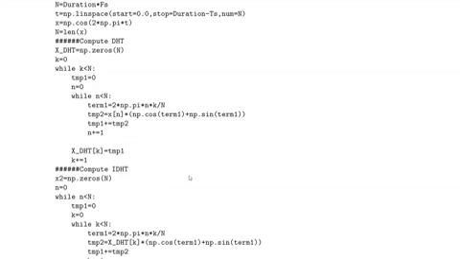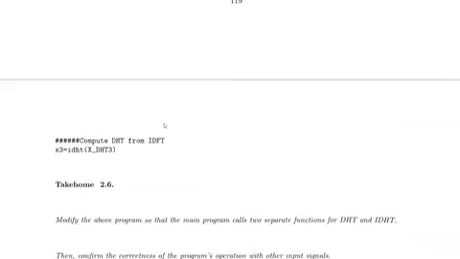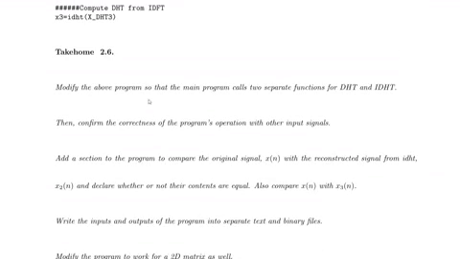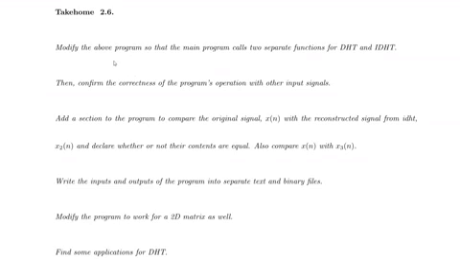Anyhow, you need to write and work on the program to get familiar with the idea. Now, questions, take home. Modify the above program so that the main program calls two separate functions for DHT and IDHT, then confirm the correctness of the program's operation with other input signals, add a section to the program to compare the original signal with the reconstructed one, and declare whether or not their contents are equal.